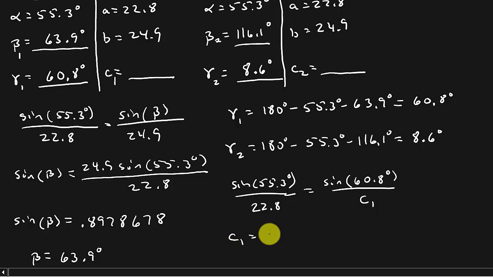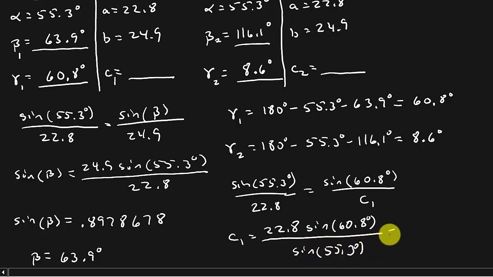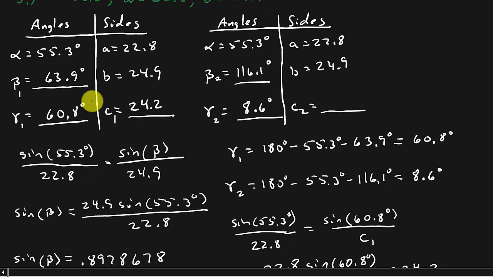So C1 is 22.8 times the sine of 60.8 over the sine of 55.3. And let's see what that gives us. That gives us 24.2. There you go. There's your first triangle.